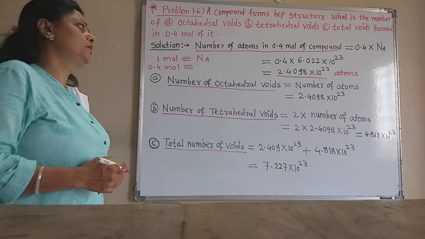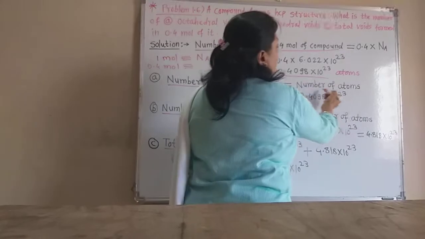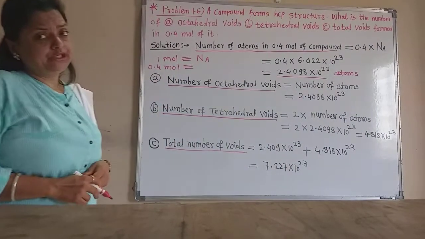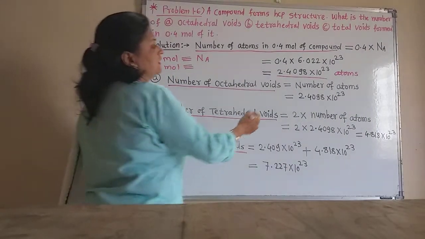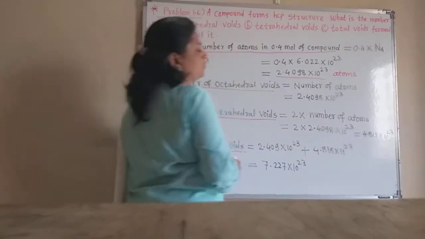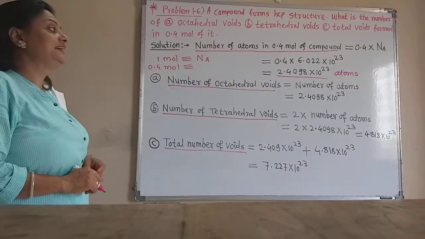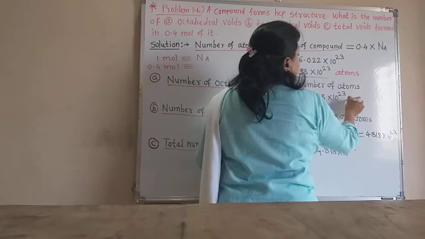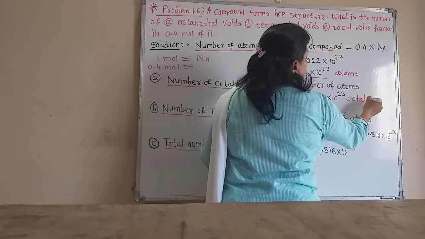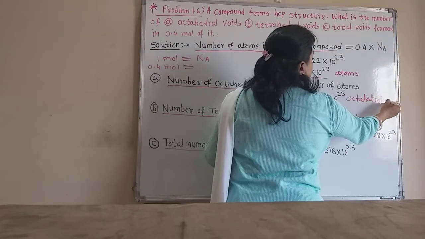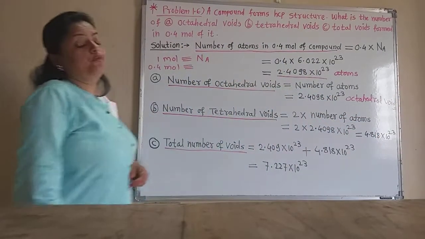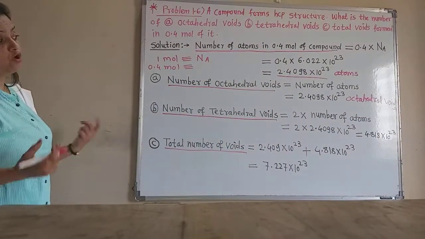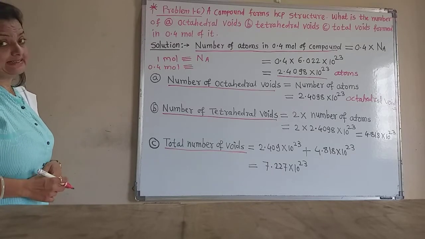So here also the number of octahedral voids is equal to the number of atoms present in 0.4 mole, and that is equal to 2.4098 into 10 raised to 23. These are the octahedral voids present in that 0.4 mole of the compound, because their number is the same as the number of particles.